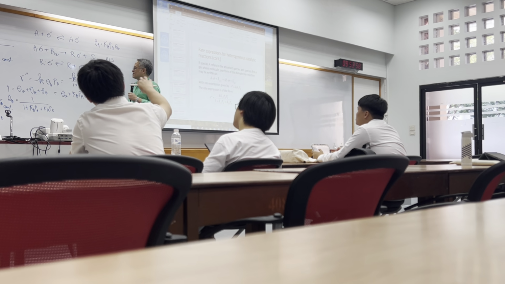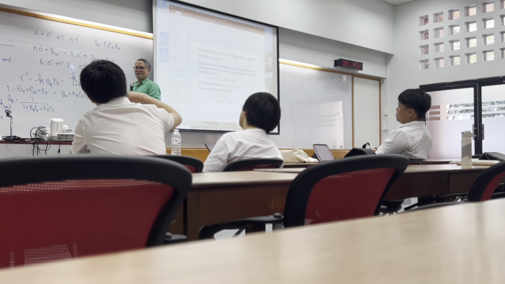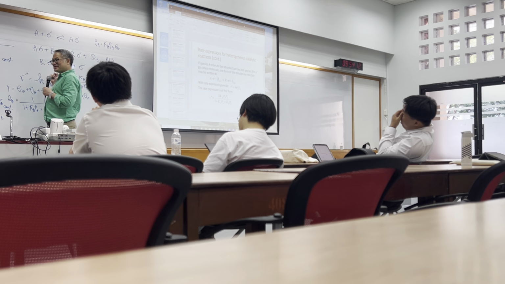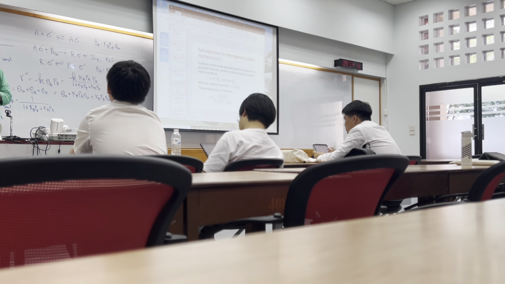It should be K PB over K RPR. Who cares about KRPR? We vary PB, right? So it should go up linearly all the way. Everything else is constant, so the rate is proportional to PB to the first power. So it goes up, it doesn't flatten. Okay? Any question?